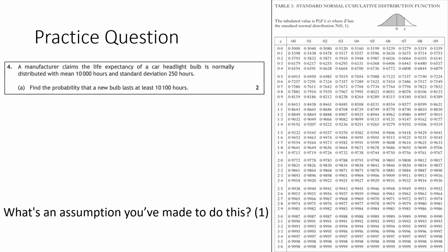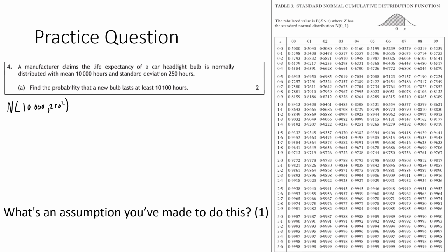So first, and always, let's write the parameter, which is 10,000, and the variance, which is 250 squared. Now be careful here. We were given the standard deviation in our question, so don't think that is a variance and just put 250 down. It's 250 squared.